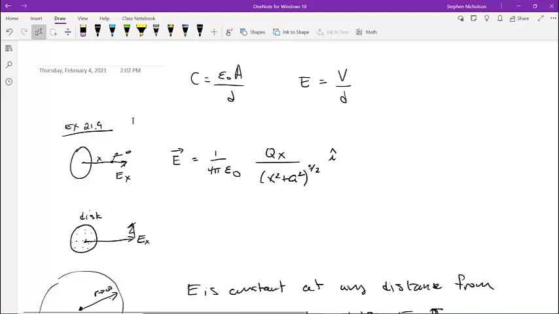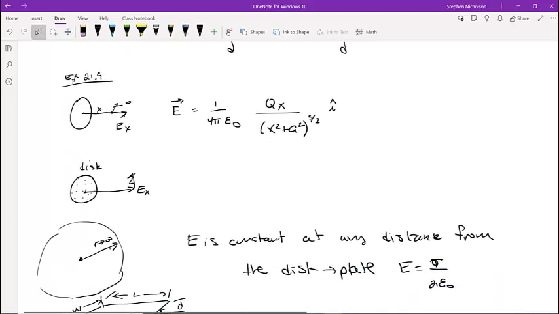But let's review where we went. Example 21.9, which was the previous video, derived the electric field for a ring of charge. That's the charge on the ring. This is the distance from the ring, x.